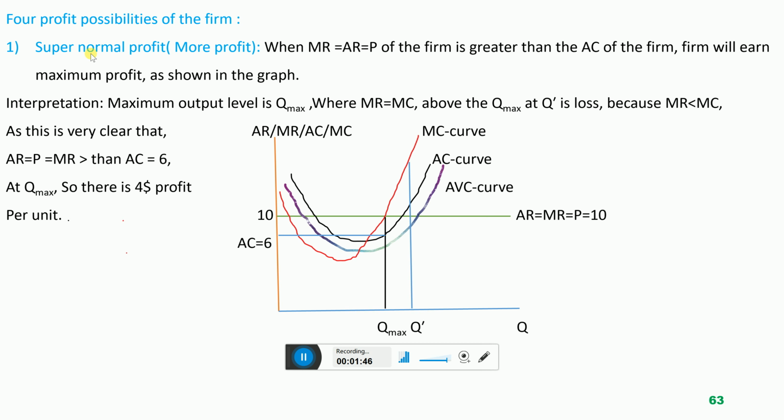So we are learning the four different situations of the company. The very first one, that is supernormal profit or more profit of the company. Supernormal profit is that situation in which the company is earning abnormal, more profit. In this situation, marginal revenue is equal to average revenue is equal to price. We study in the short run that in the perfect competitive market, marginal revenue and average revenue will always be equal to price.